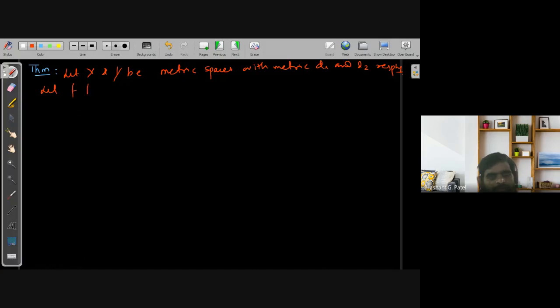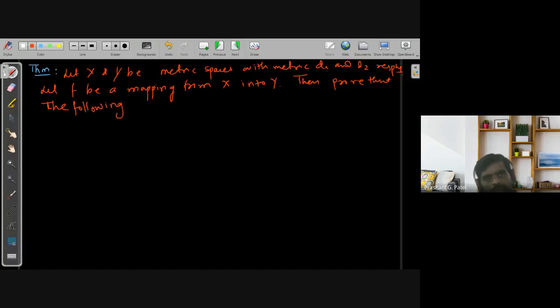Let f be a mapping from X into Y. Then the following statements are equivalent. That means all the statements which I am writing here are the same.